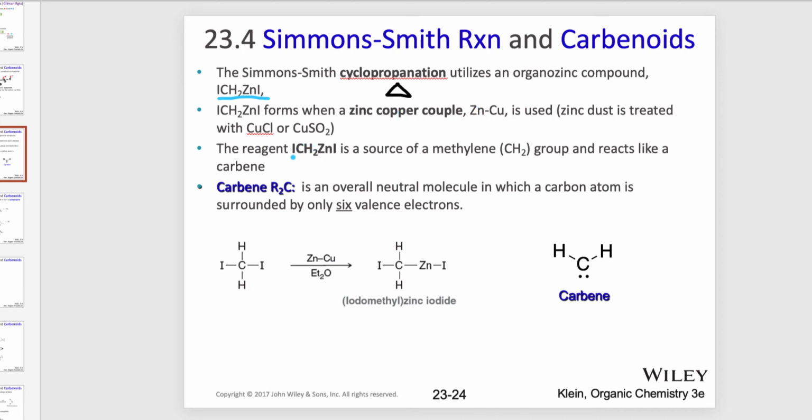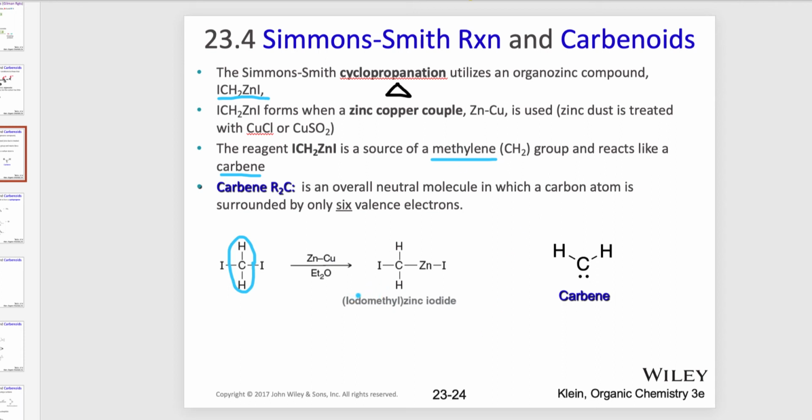When we are using CH2I2, diiodomethane, we can actually generate a source of a methylene group, which is a CH2 group. So basically we are transferring this component here. And it is very similar to reacting with a carbene. So the parallels are very, very similar.